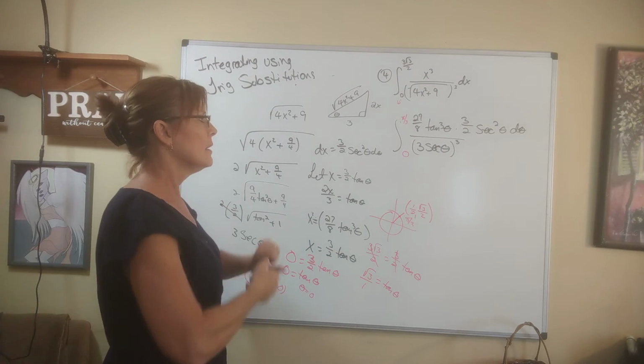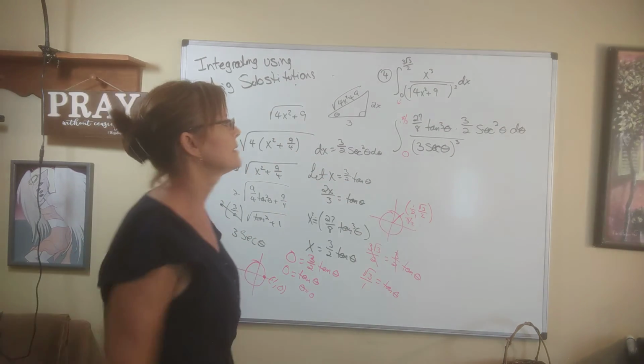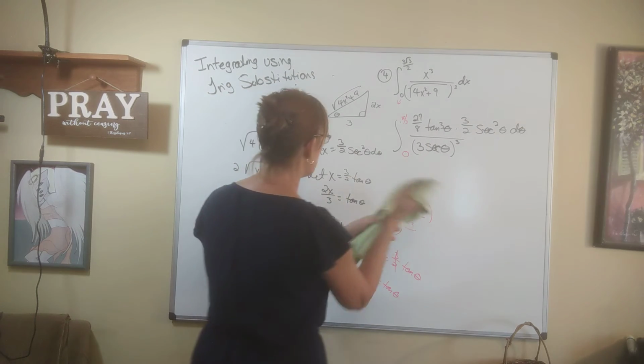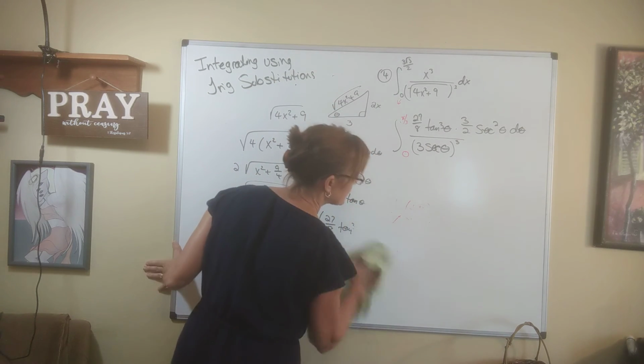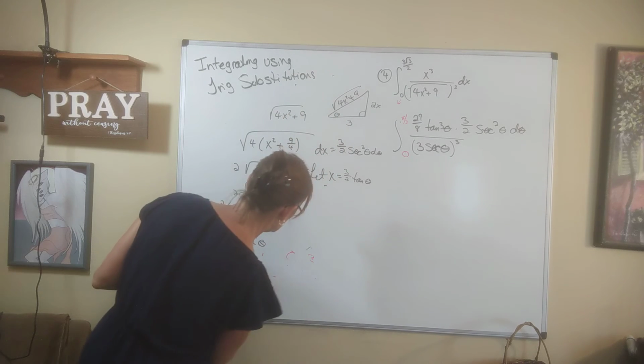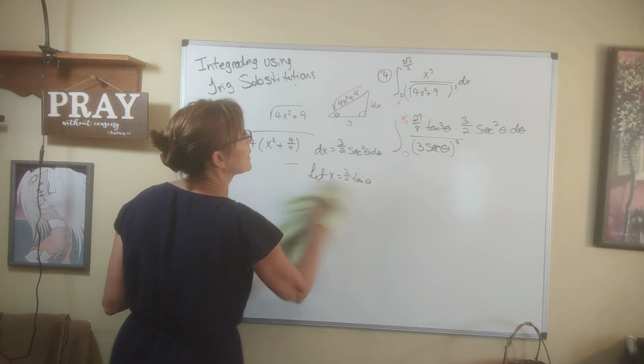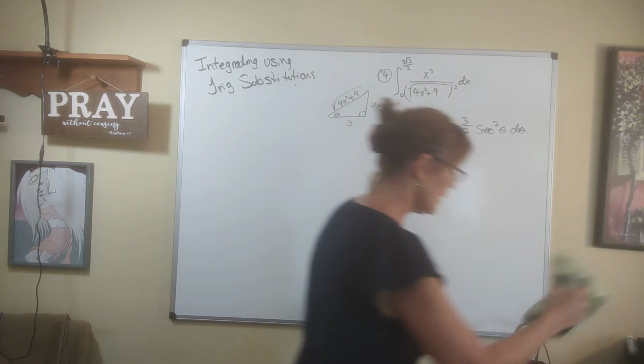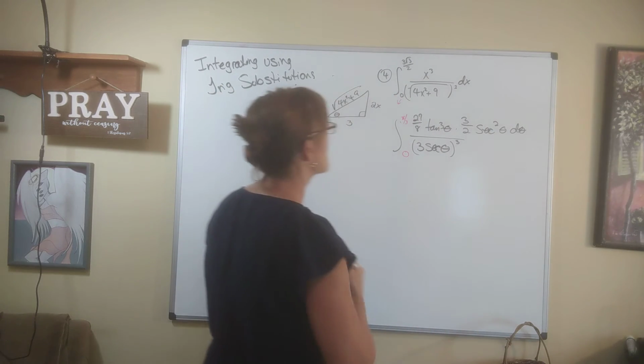All right. Now let's deal with the integral and the numbers. I'm going to make more room, so let me just erase the stuff I just did. I still got my triangle. We'll leave the triangle. Okay, let's see. Let's deal with this.